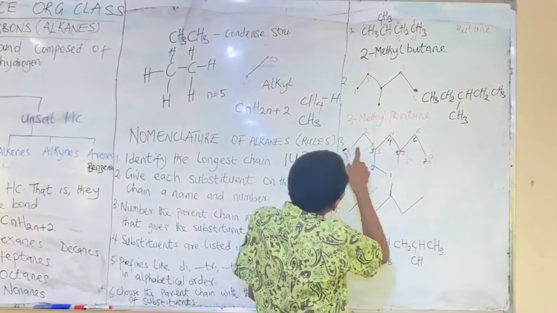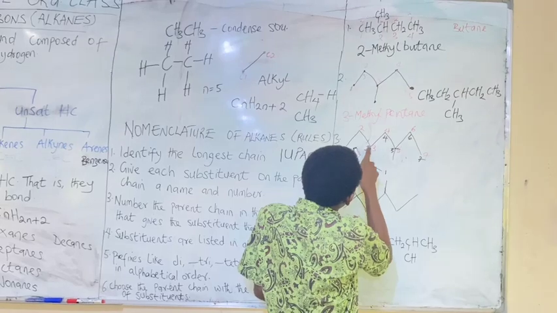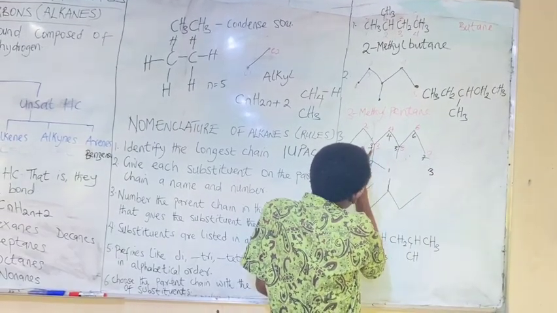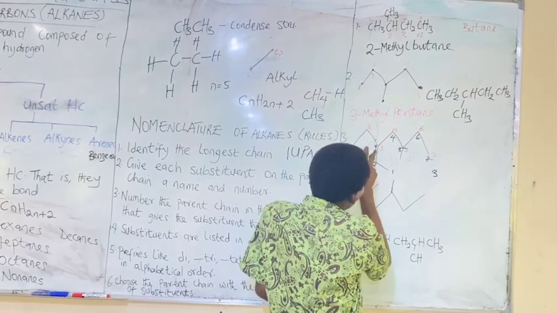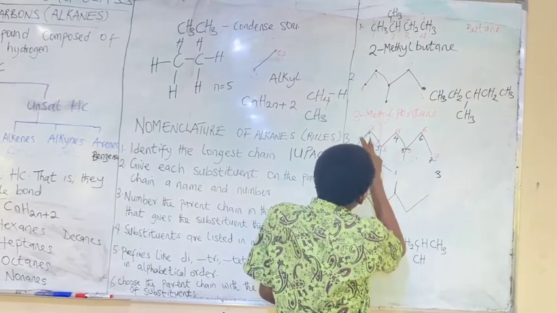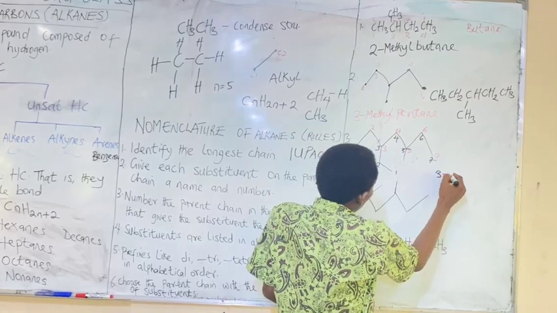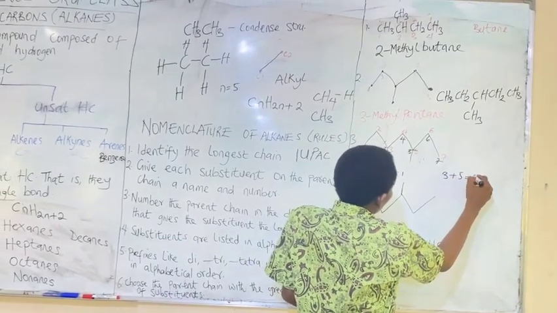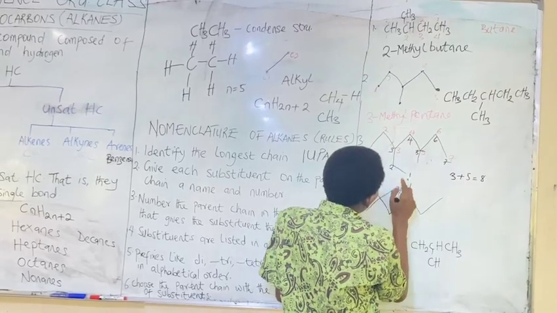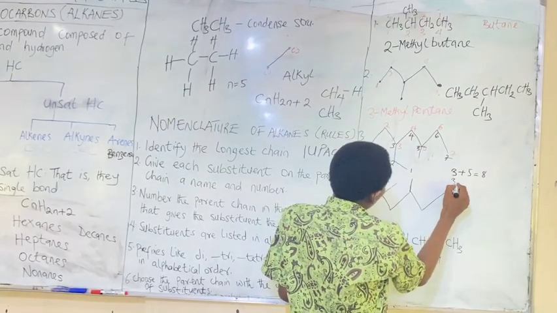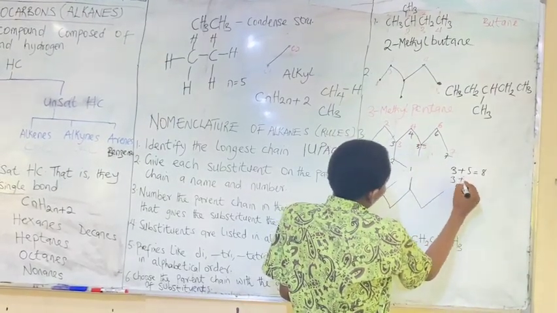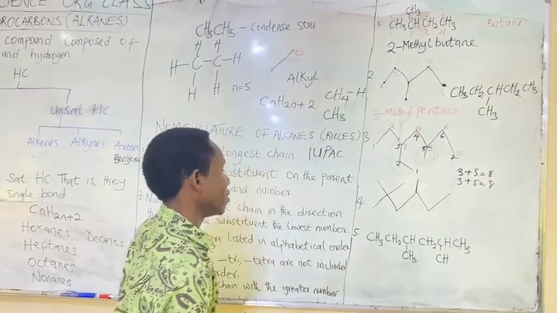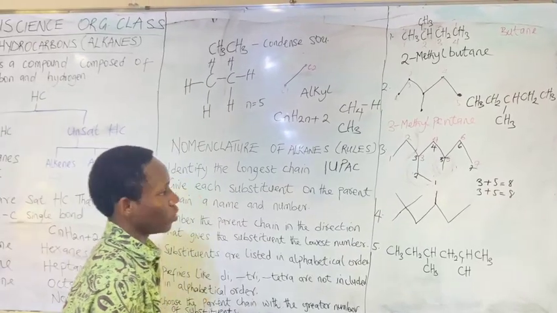So if we are numbering it this way, this particular substituent will be on carbon 3, while this one, 1, 2, 3, 4, 5, on carbon what? 5. 3 plus 5, 8. If you are numbering this way, 1, 2, 3, carbon 3, and what? 5. The same thing. Wow. The same thing.